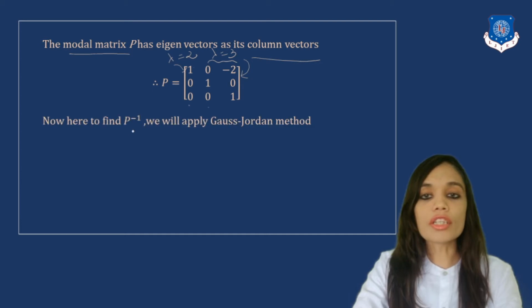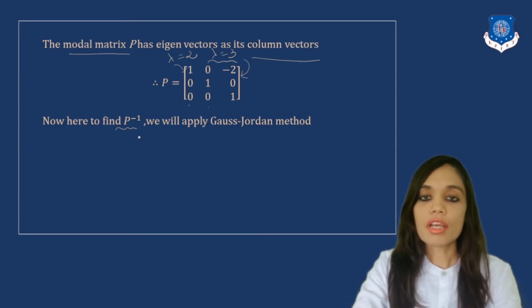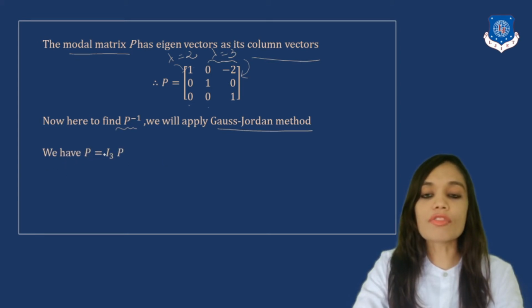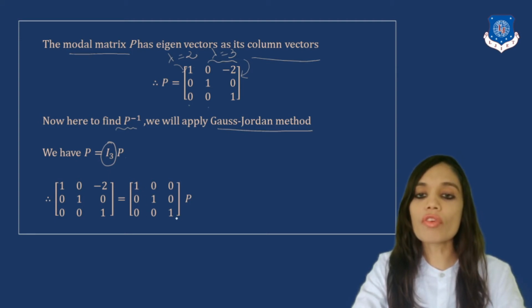Now in order to find P inverse AP, we will first find the value of P inverse applying the Gauss-Jordan method. So we will write P equals I3 times P, where I3 is an identity matrix of order 3 cross 3. Let us put the value of P and our identity matrix, that is 1, 0, 0, 0, 1, 0, 0, 0, 1.